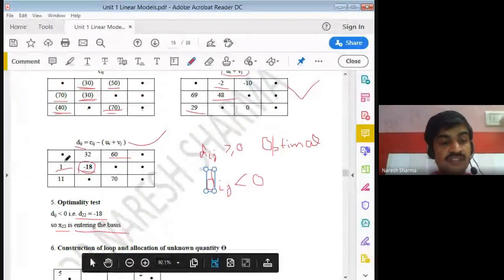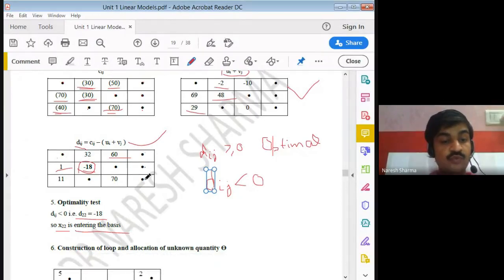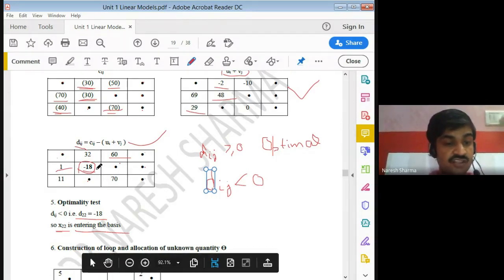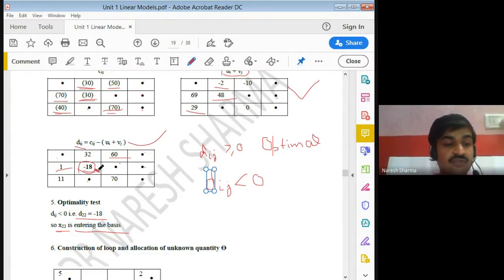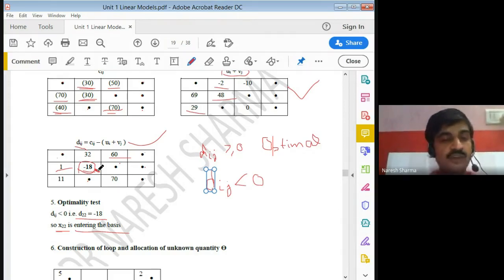In your Vogel approximation, we have 1, 2, 3, 4, 5 and 6 basic variables, and the remaining locations are non-basic variables. Now this x22 location variable becomes basic. We have a maximum of 6 basic variables only, as far as this problem is concerned, because m plus n minus 1, where m is 3 and n is 4, minus 1 is 6.